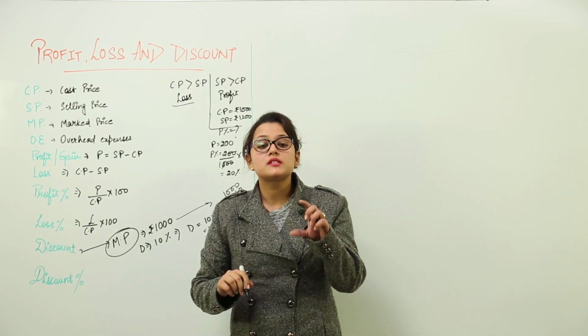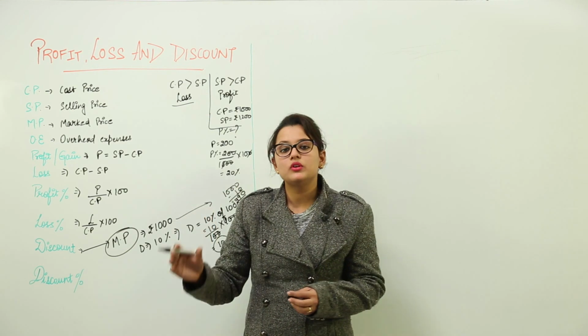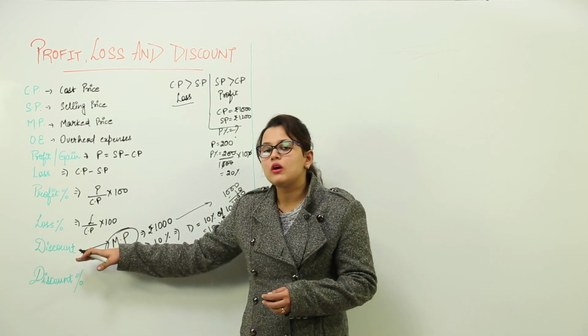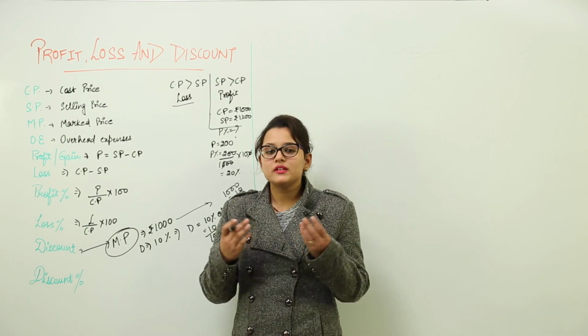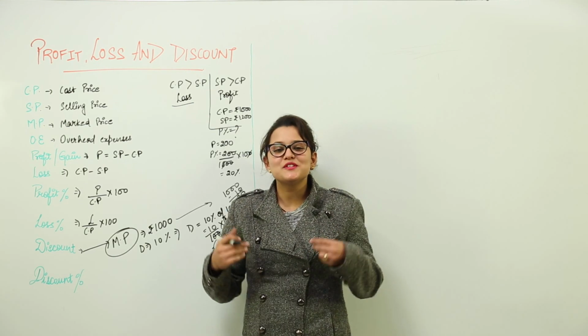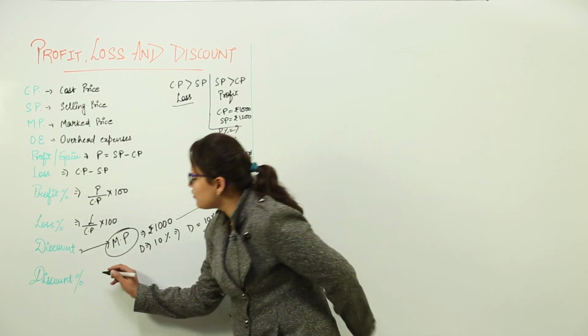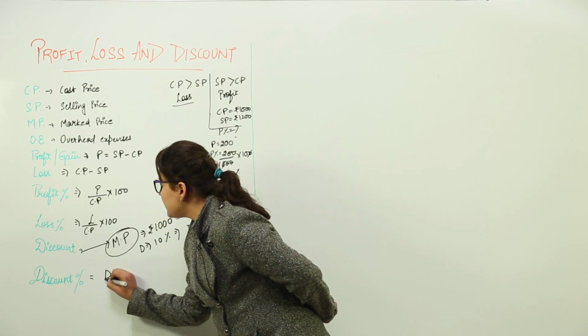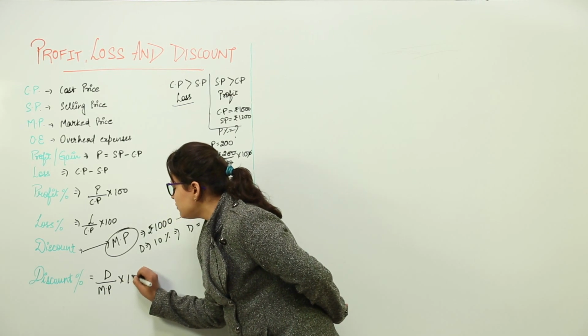That means you have got a discount of 100 rupees. That is how generally the discounts are calculated. Now if you know the discount, how will you calculate the discount percentage? Because you might be the shopkeeper, right? So as a shopkeeper, how will you calculate the discount percentage? Discount percentage is calculated by writing discount upon the marked price of the product into 100.